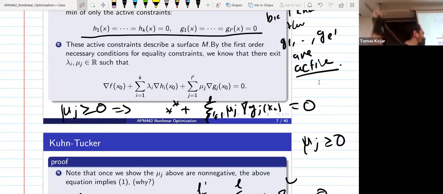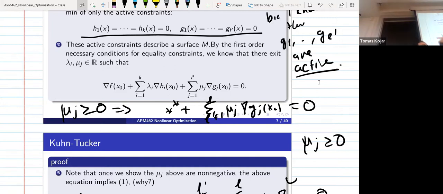No, I'm just not sure if people understood that we can ignore the inactive constraints. Remember the question you had about interior versus boundary points. For interior points, you could just set the gradient to 0, and you're done.